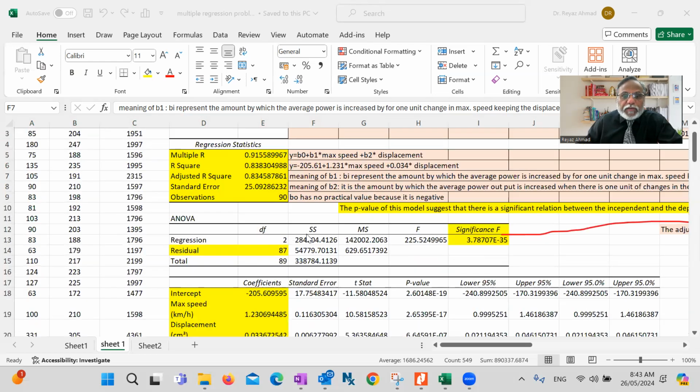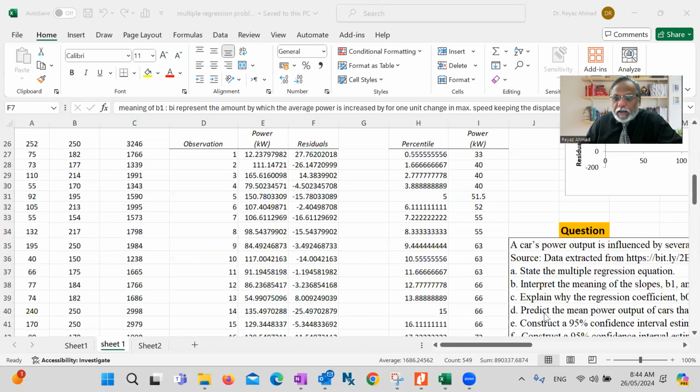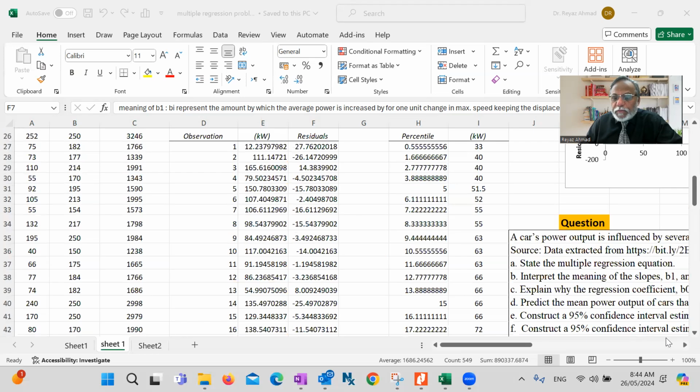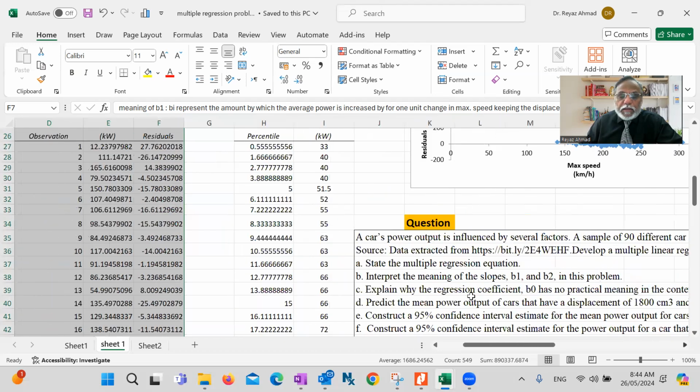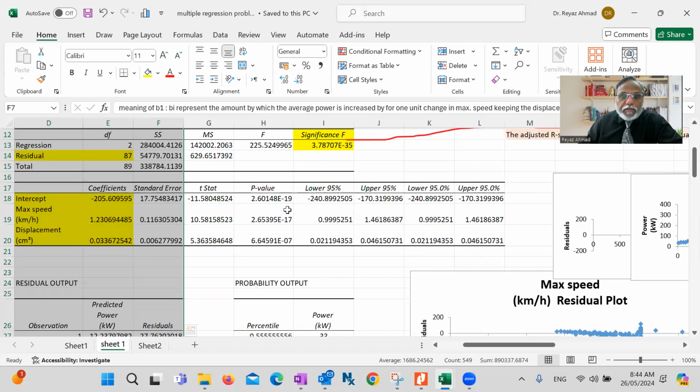Question C is asking about the relevance of B0. The question is: explain why the regression coefficient B0 has no practical meaning in this context. Here is the answer for that.